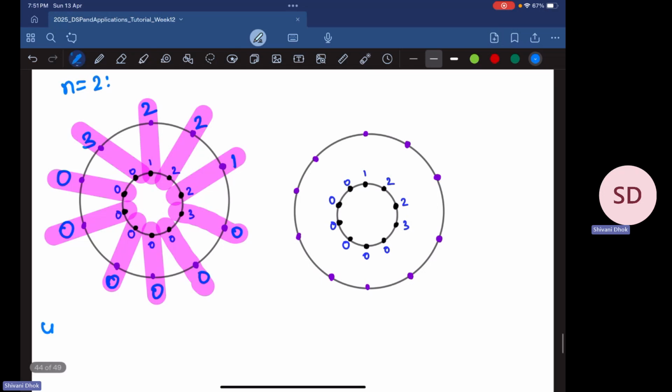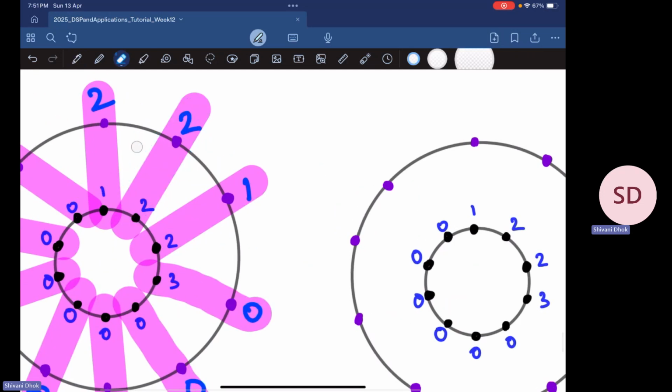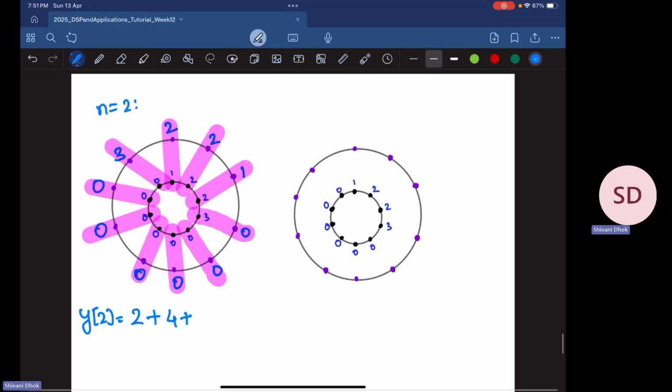We get y of 2 is equal to 2 into 1, 2, plus 2 into 2, 4, plus 2 into 1, 2. Just a minute. 2 into 1, 2. So this comes out to be equal to 8.